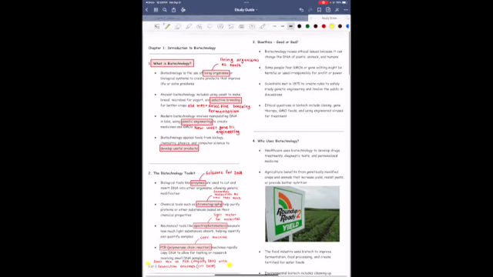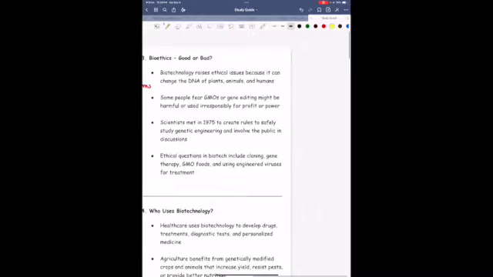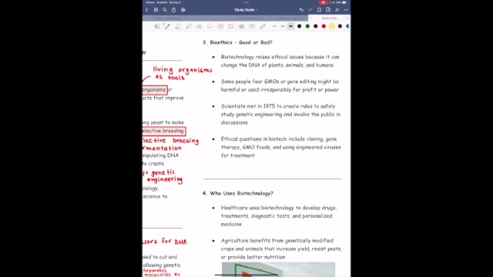All right, let's talk about bioethics. Everything in biotechnology raises an ethical issue, things like being able to change DNA. It's that just because we can, should we? So changing DNA has a lot of power and responsibility.